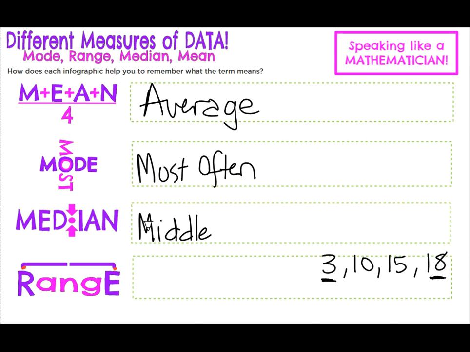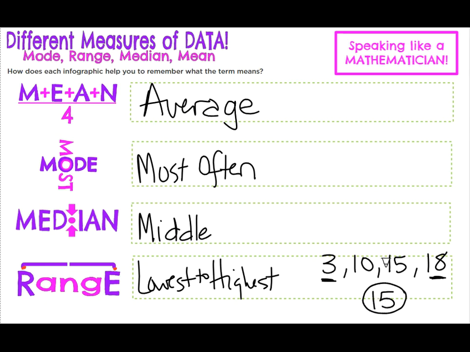So it's the lowest to highest, and then we just find the difference between them. The difference between an 18 and a 3, of course, is 15. So the range of this data set would be 15. You just take that highest number, subtract the lowest number, and I know there's 15 spaces between a 3 and an 18.